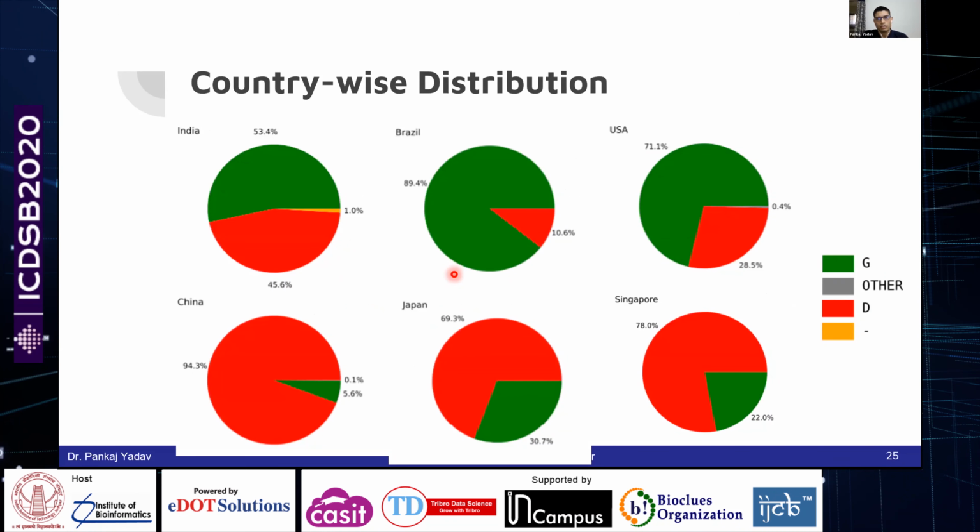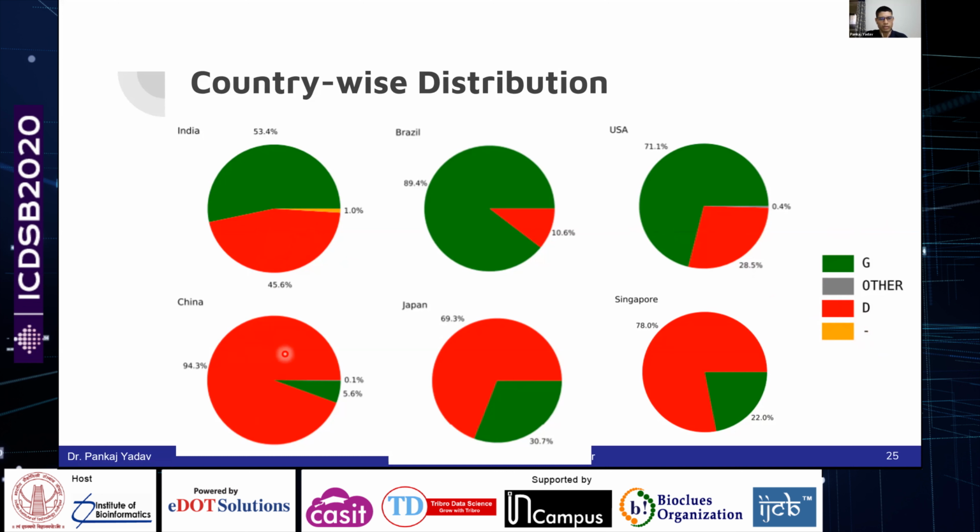Okay, so if we look at the distribution of the D and the G type, others are ambiguous, and the -1 is where there was some ambiguity. So the interests are D and G basically. In India, this was around 45.6% in the beginning, whereas in China it started almost entirely with the D type.